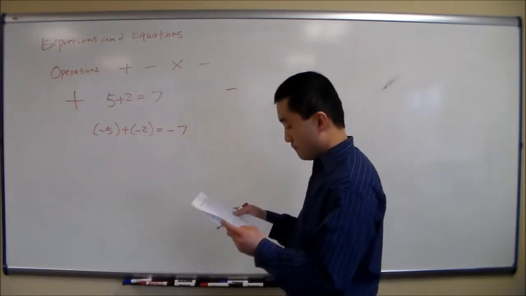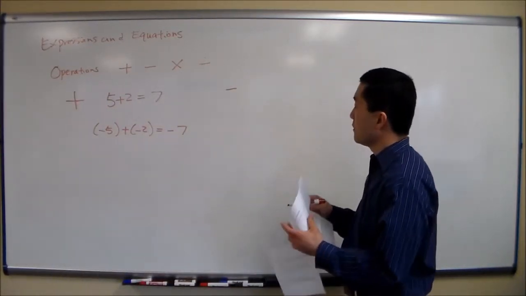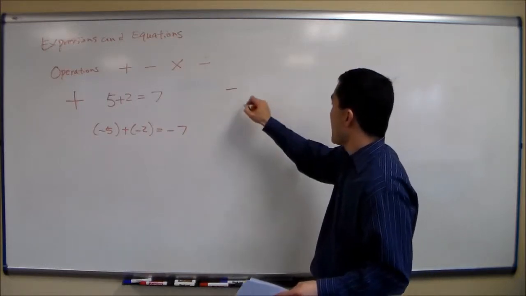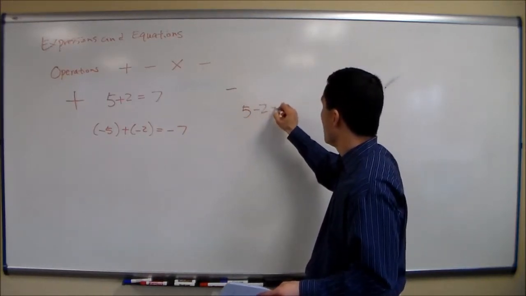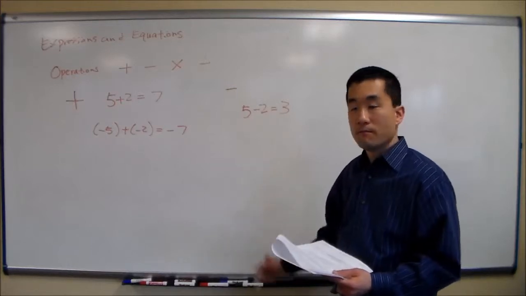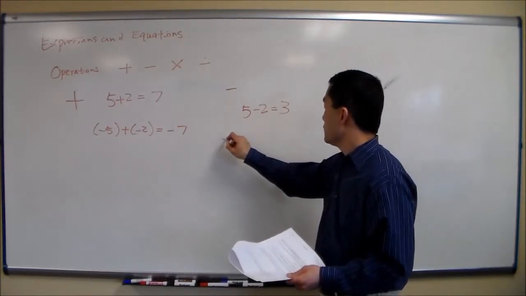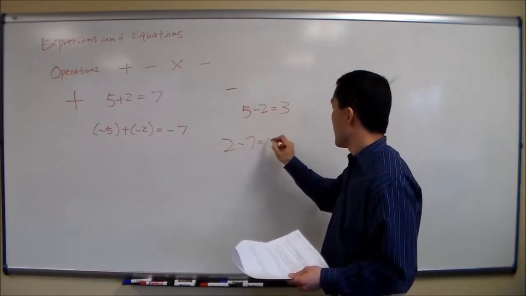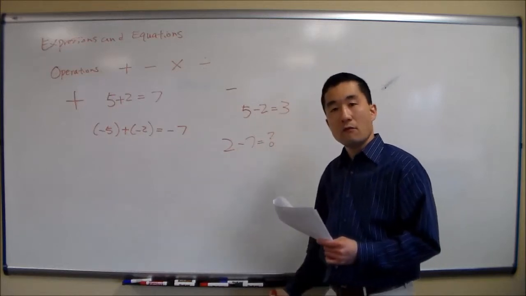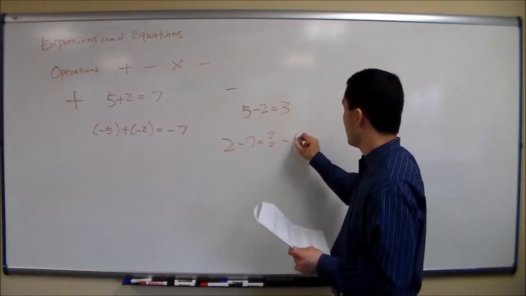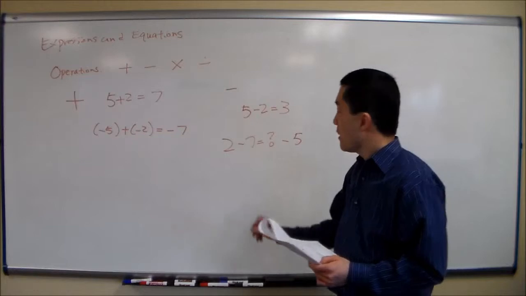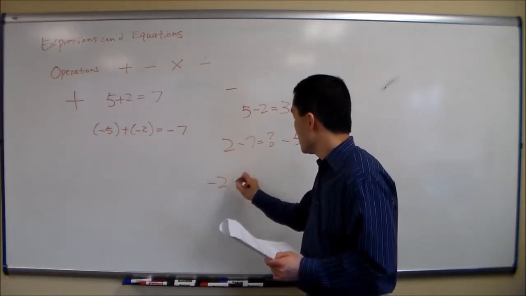How about subtraction? Another easy one, say 5 minus 2. That's a 3. How about 2 minus 7? What would that be? Well, that would be -5. How about -2 minus 7?